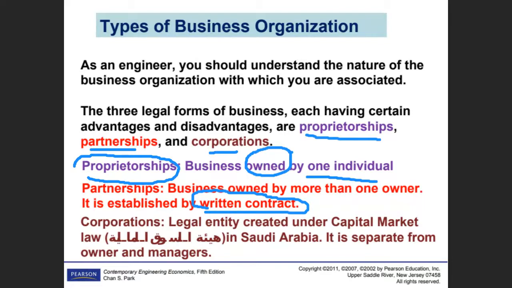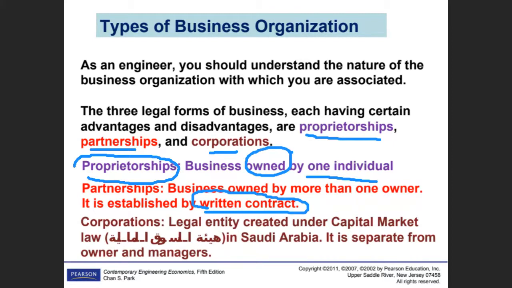The important thing is not small or large; the important thing is how the business is registered and who the owners are. If a business is owned by one individual, then it is a proprietorship. It can be a small business or a large organization.